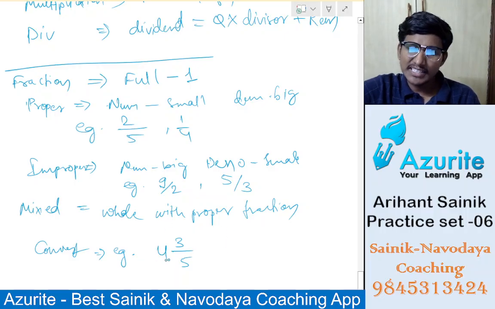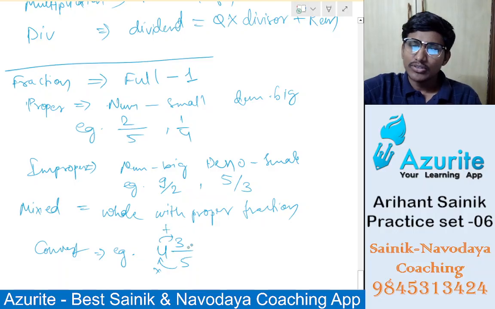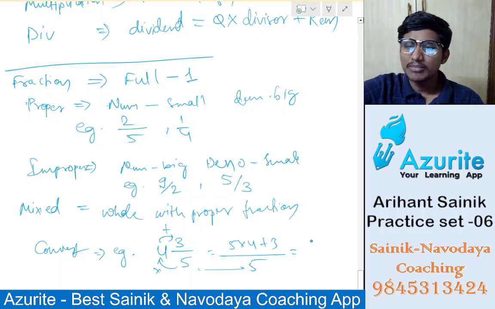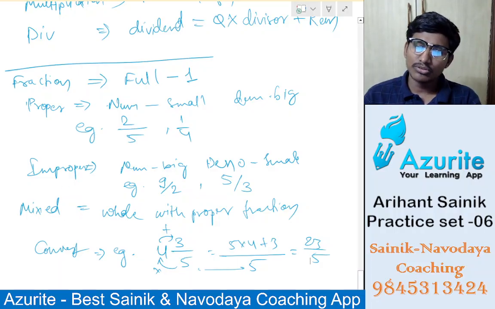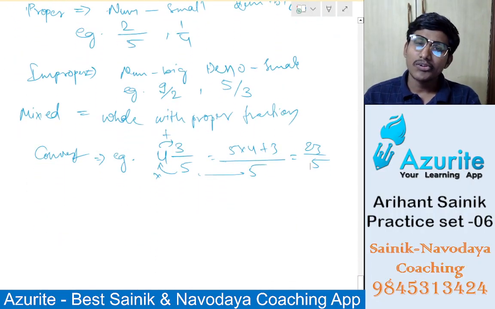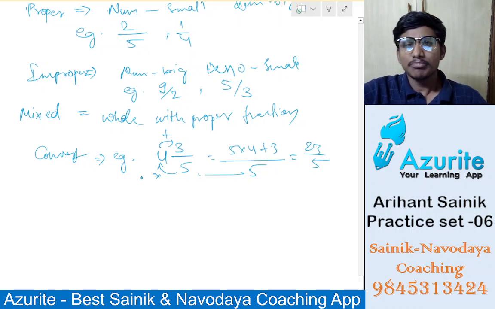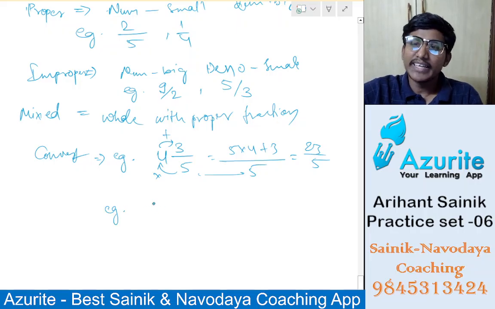When it is like this, we have to multiply from the bottom and add here. So 5 4s are 20, 20 plus 3, 23 by 5. The 5 as it is, we have to keep the same. Okay, that is mixed to improper.